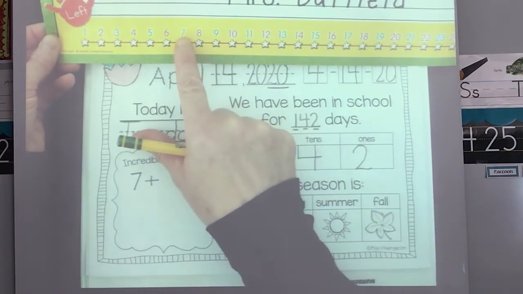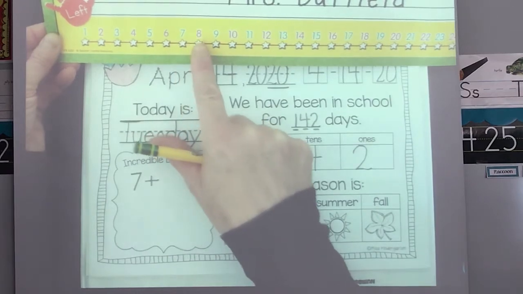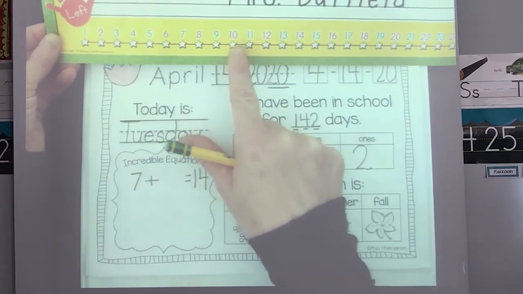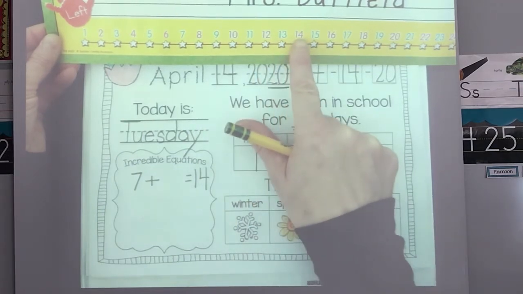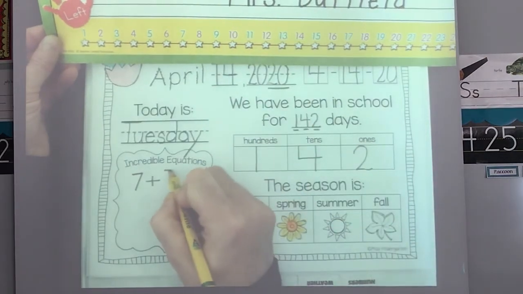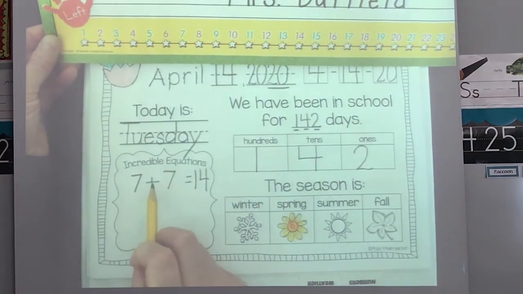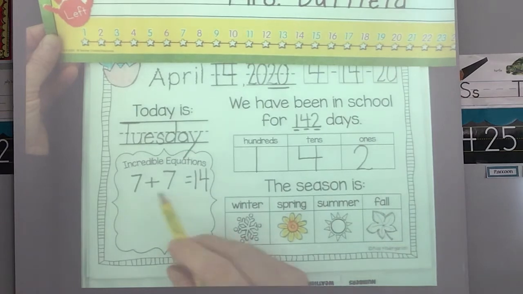Okay, let's go. We're going up 7. Count with me. 1, 2, 3, 4, 5, 6, 7. 7 plus 7 equals 14. Hey, that's doubles, baby. Doubles. 7 plus 7 equals 14. That's one of our doubles.